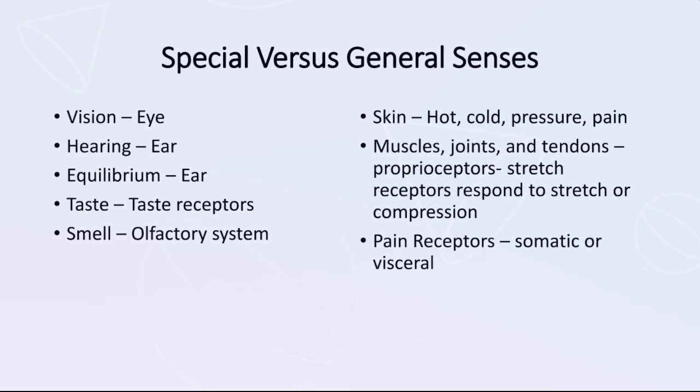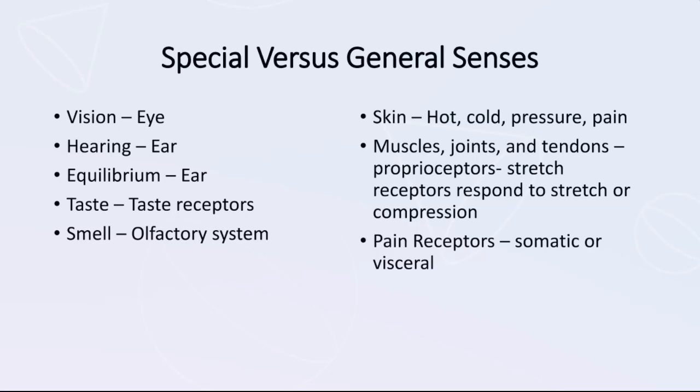But if you look at general senses, you find a specific organ can have a myriad of roles to play. For example, the skin can detect heat or cold, pressure, pain. The muscles, joints and tendons carry the sense of position, which we call proprioception.